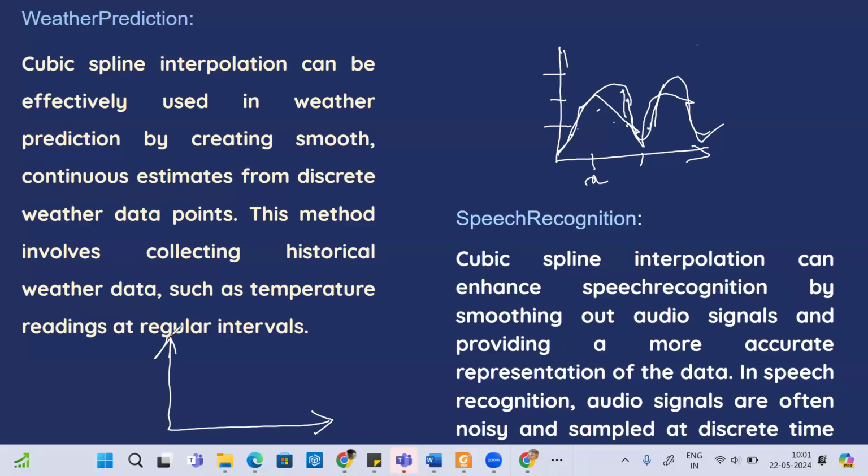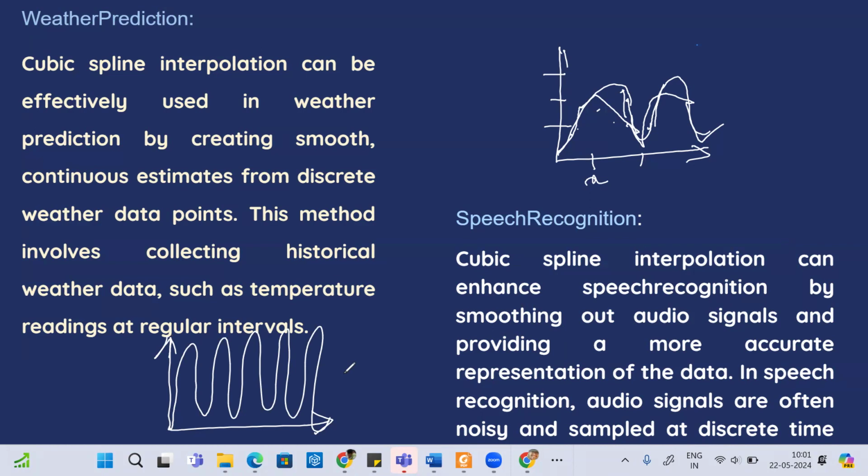We know human voices vary constantly. The pitch and volume change constantly, so there will be many fluctuations in our voices. We can see that there will be many fluctuations.